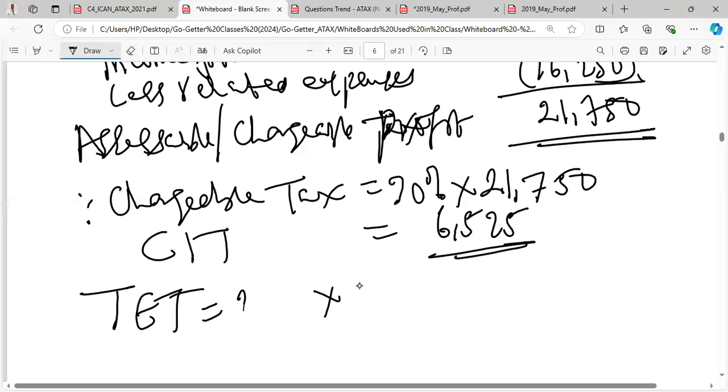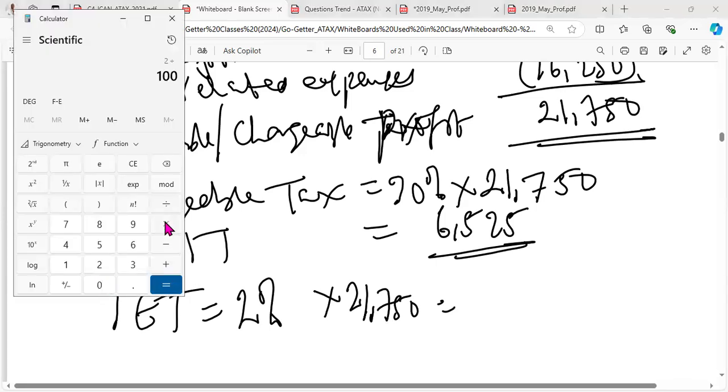So this is 2% of 21,750. So 2% is how much? 2/100 times 21,750.